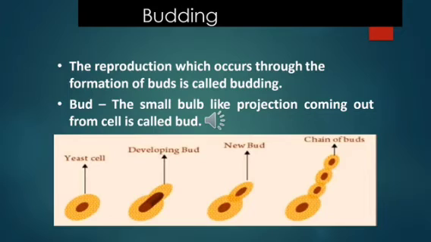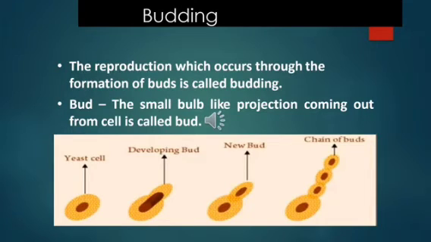Slowly the bud, which gradually grows, gets detached from the original parent cell, and it forms a new yeast cell.